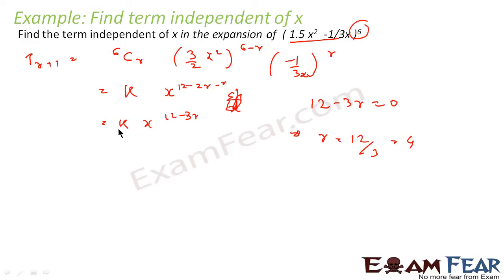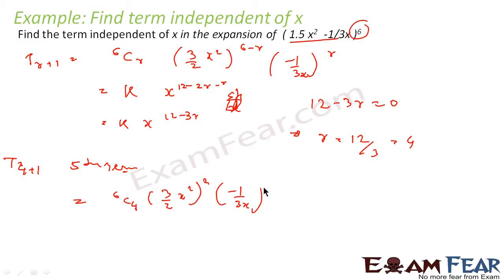So the term independent of x is T of 4 plus 1, and T of 4 plus 1 is the 5th term. And what is the value of this term? This will be 6C4 into (3/2 x squared) to the power 6 minus 4 into (minus 1/(3x)) to the power 4.